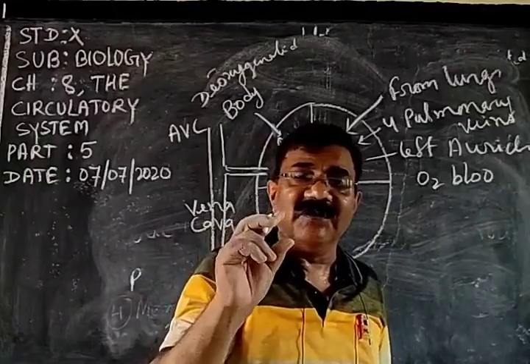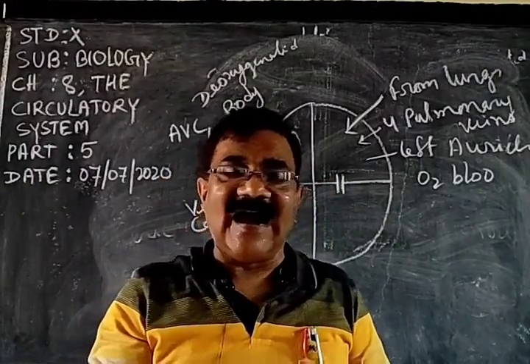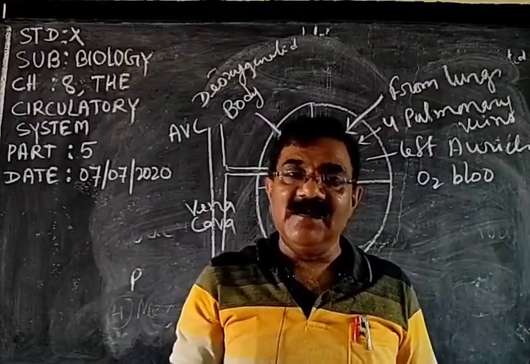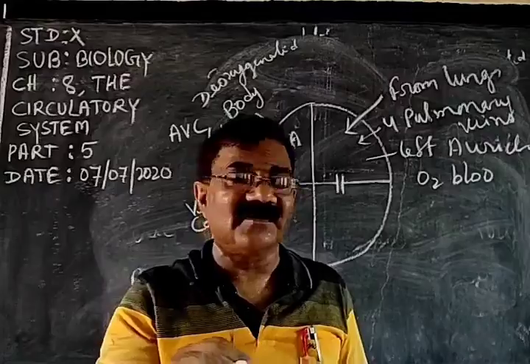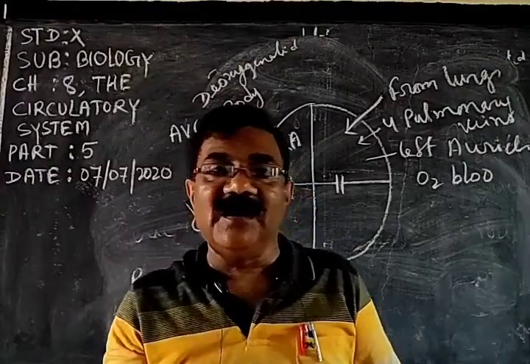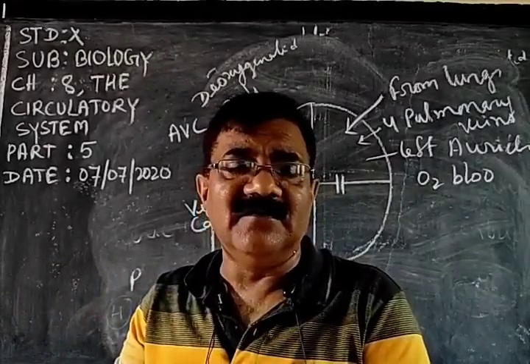Now, the word pulmonary: a vein generally carries deoxygenated blood and an artery carries oxygenated blood. But if the word pulmonary is used, pulmonary meaning lungs, then the function becomes opposite.